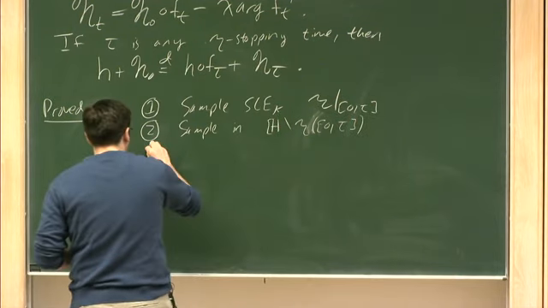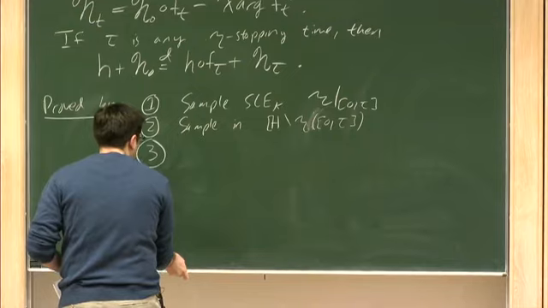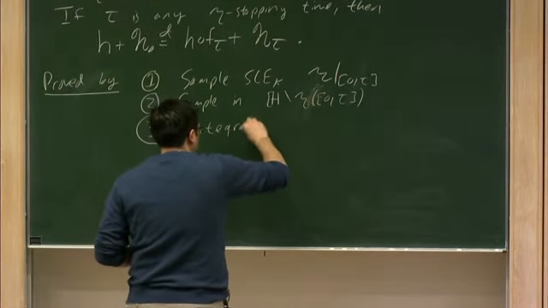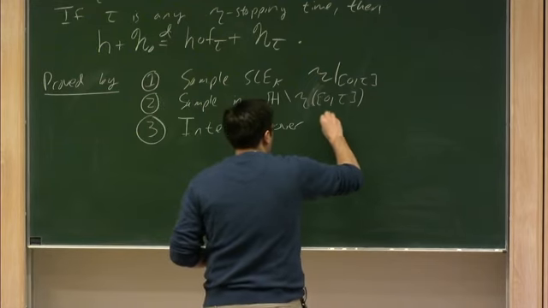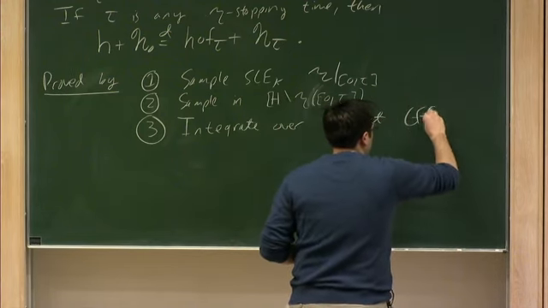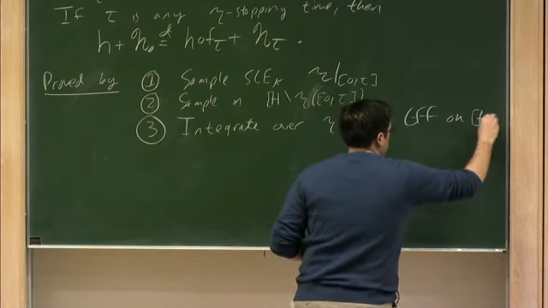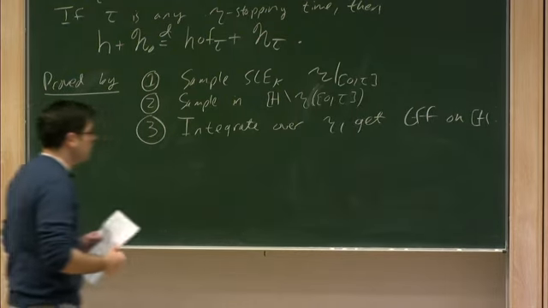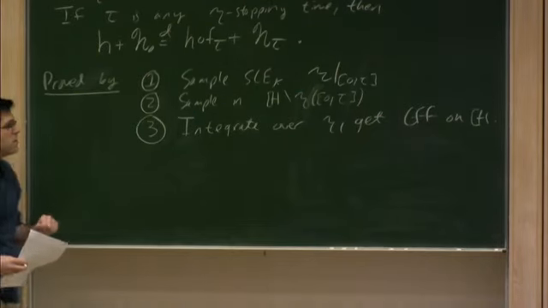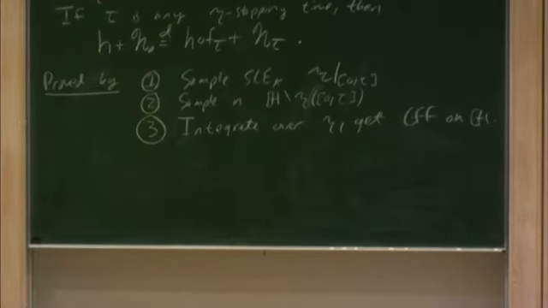And you show that when you integrate over the randomness of the path, you get a Gaussian free field on the entire upper half plane. So what we did is most of the proof that shows that if you sample your curve as an SLE process and then perform this procedure, you actually get a Gaussian free field on the upper half plane.